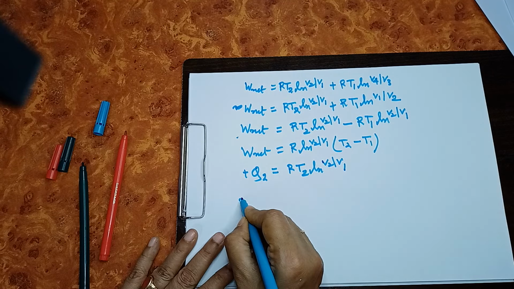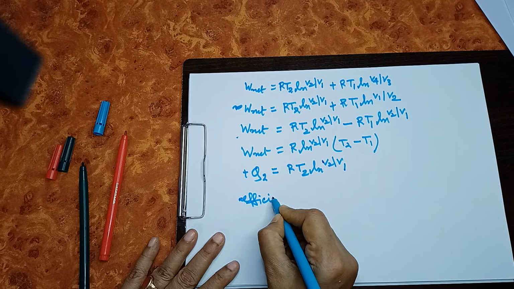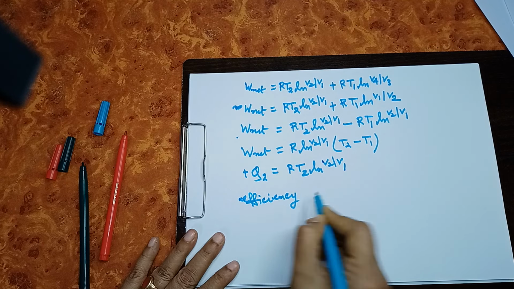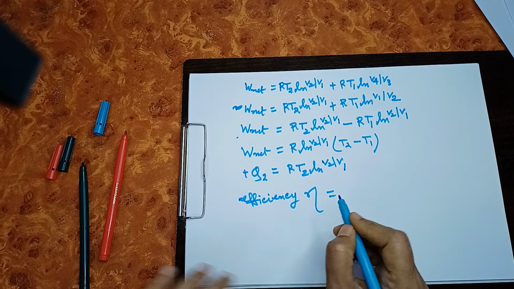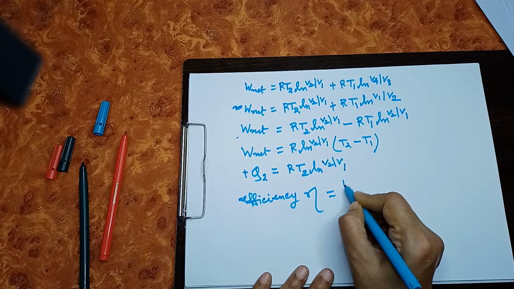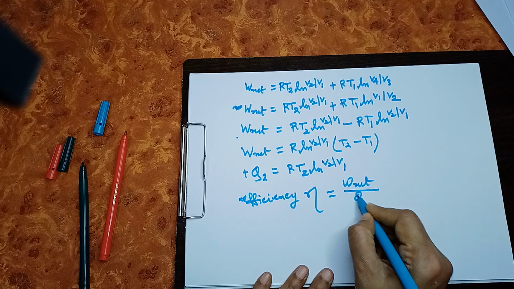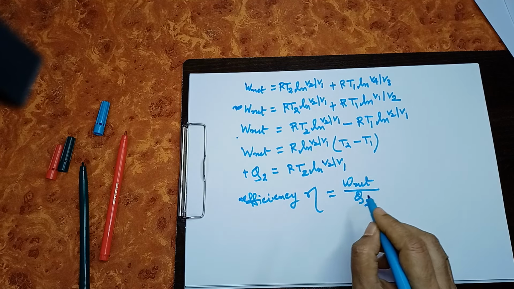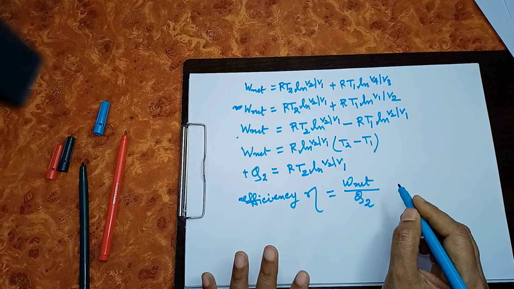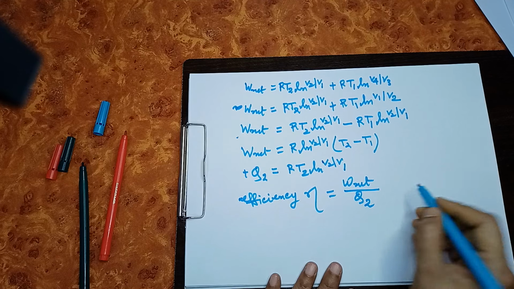Then efficiency, eta, will be equal to the W net divided by total heat absorbed. Okay, that is the fraction of the heat absorbed that is converted to mechanical work. Not the complete heat can be converted to mechanical work.